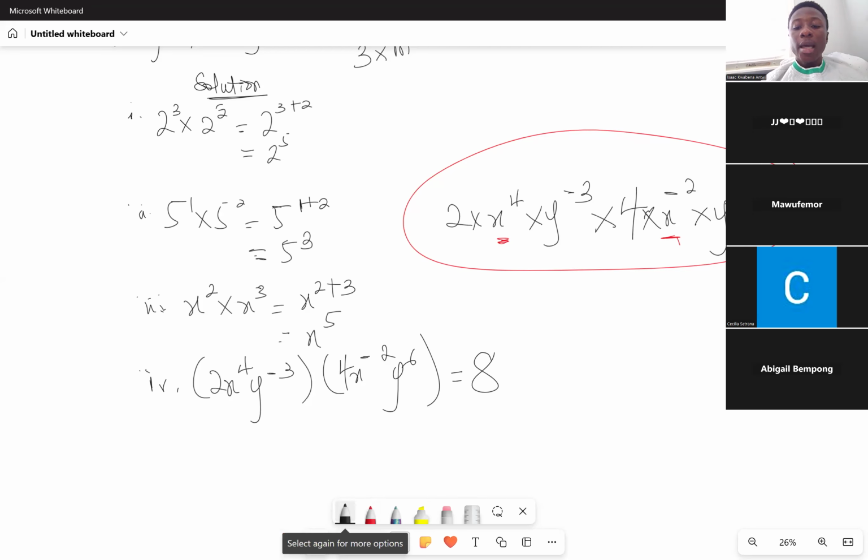So 8x, just join it. If you want to bring multiplication in between, it's up to you. So 8x exponent 4 plus what? Minus 2. Then the y is there. Join it. You can bring times, it's up to you. Y, so minus 3 plus what? 6.